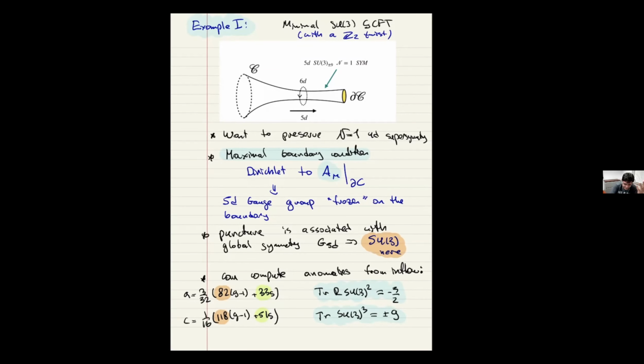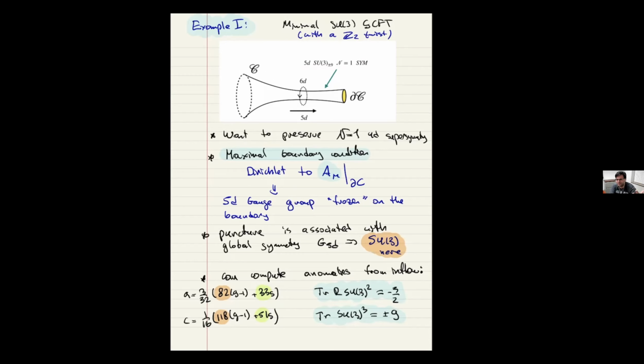In this case, with some miracle that I don't understand, in a very nice way, you also get an SU3 gauge theory description. However, there are other examples. For example, if you have an SO8 minimal SCFT in 6 dimensions and you do this reduction to 5 dimensions, you get an SU4 gauge theory in 5 dimensions.